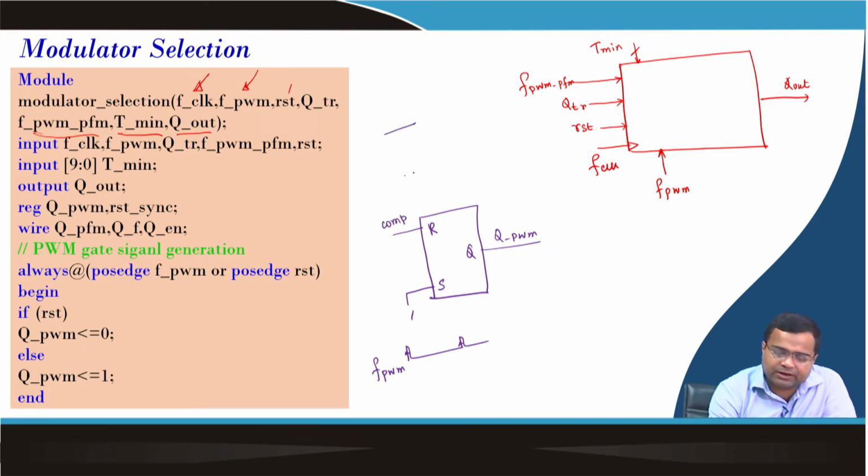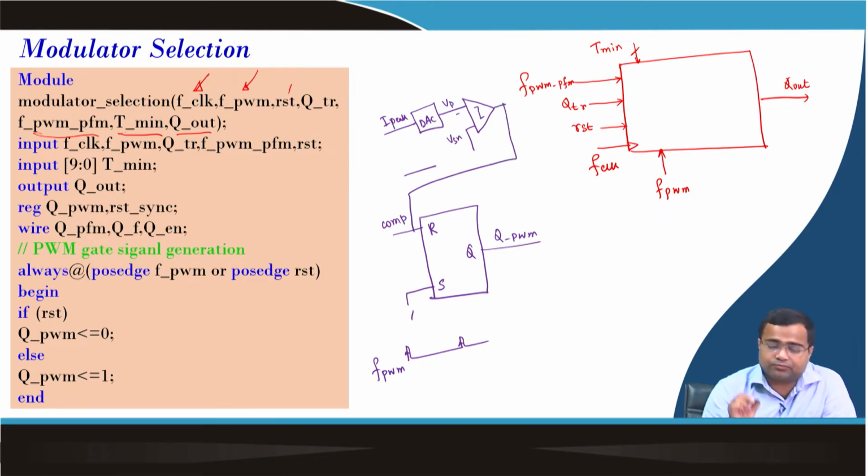And what is the comparator? We have that DAC, this is your I peak, this is Vp in voltage sense, minus this is Vsn. So, this is your comparator output, directly coming. So, this will generate the PWM clock.